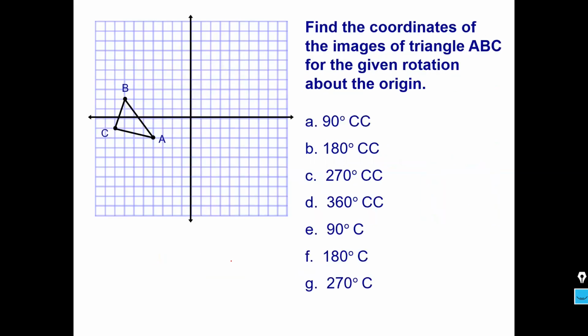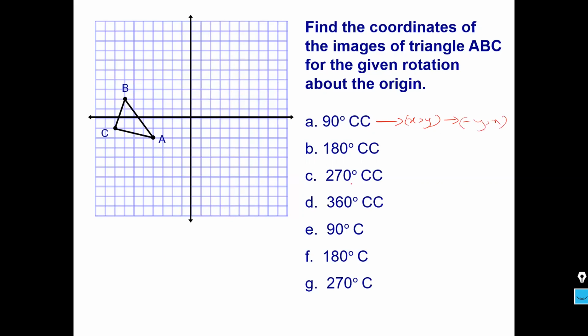Now look at this one. Find the coordinates of the image of triangle ABC for the given rotation about the origin. Now 90-degree counterclockwise: x and y will turn into -y and x, right?